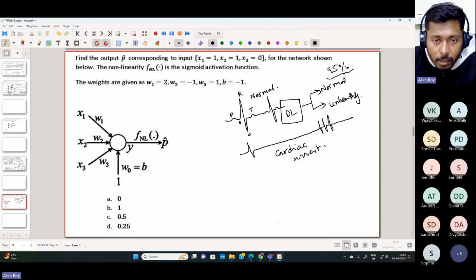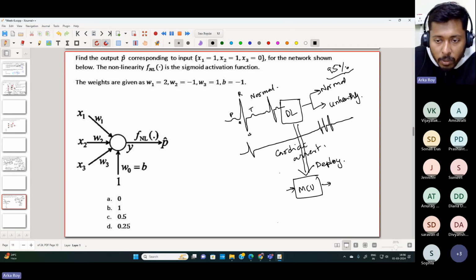You can make a miniaturized device in which your deep learning model will be deployed into an embedded processor, and you can create a pipeline like this. Let's say this is an MCU microcontroller over which you have deployed your deep learning model. So this is called the deploy operation.